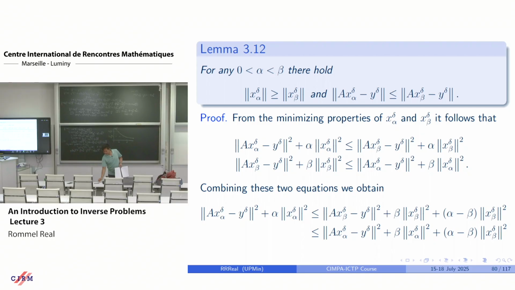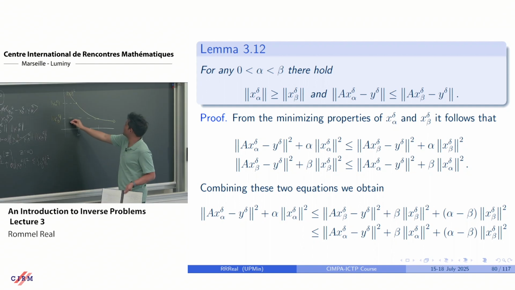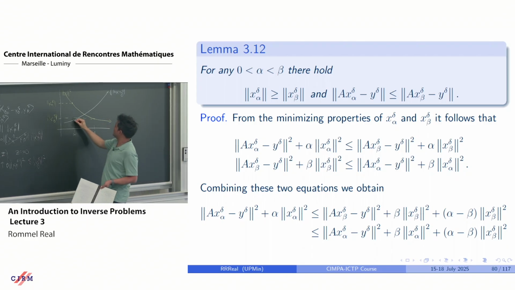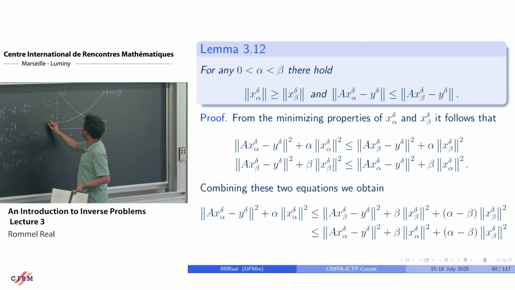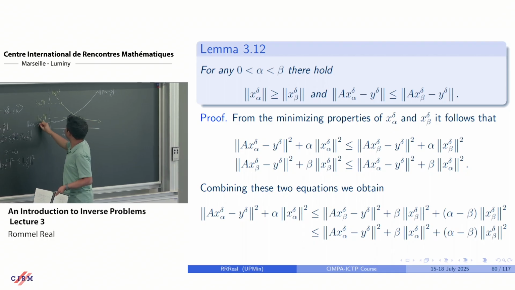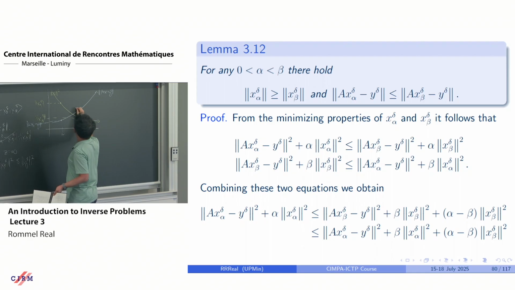On the other hand, the opposite can be said of the residual. So the residual term looks like something like that. That's the norm of A x alpha delta minus y delta squared, and so on.